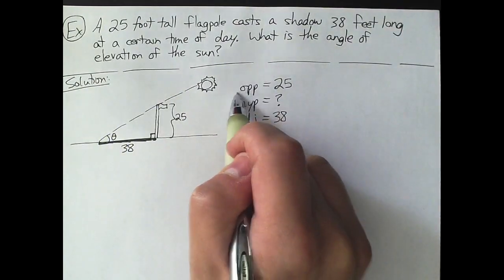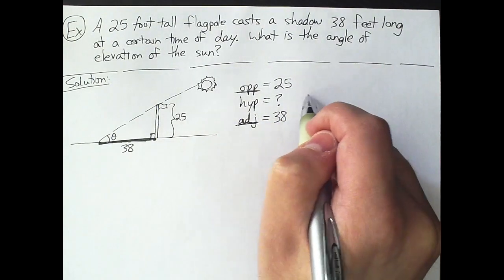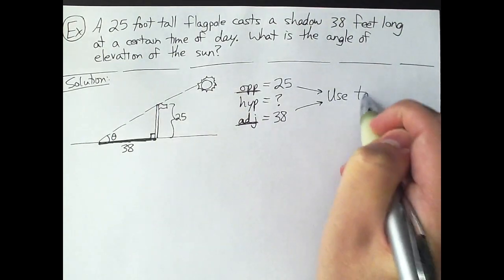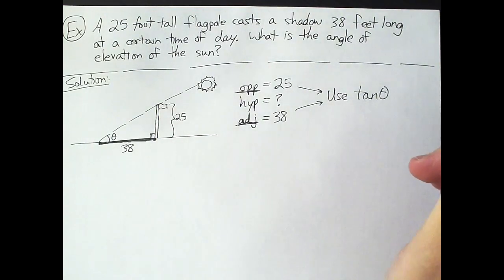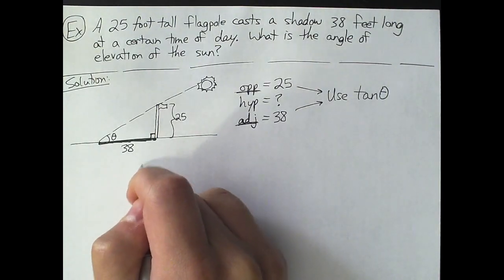If we were given the opposite and the adjacent, that makes me think that for this problem, we should use tangent. Tangent of theta. Or maybe inverse tangent, right? We're using tangent and inverse tangent. You could think of it that way.